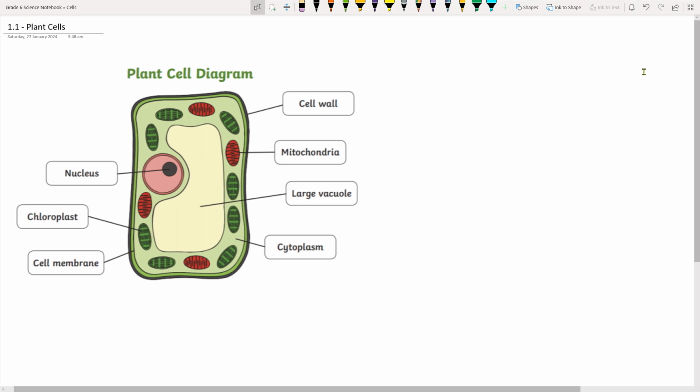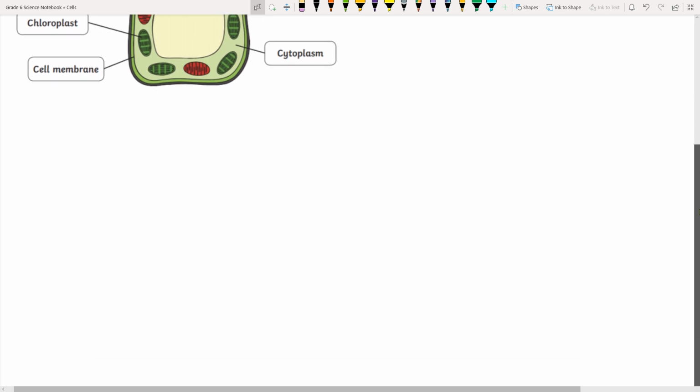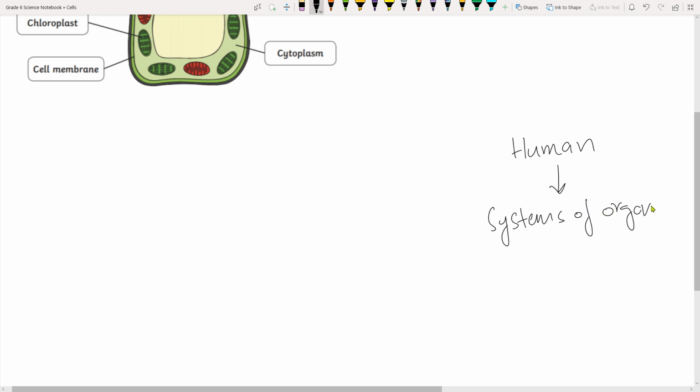Before I go into the detail of what these cells are about, I just want to give you a little hierarchy. Let's just say if we have a human, right, that's an organism. If you go deeper into it, we understand that a human or any organism is built upon different systems of organs, right? Organs like we've got lungs, eyes, right?